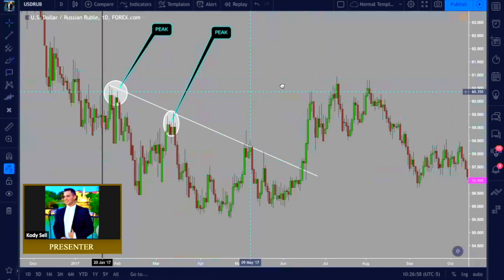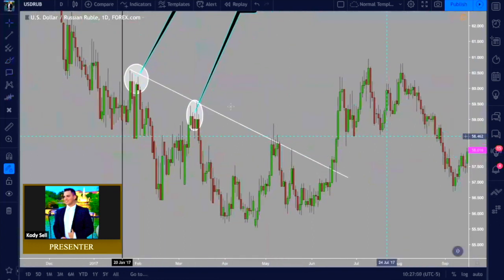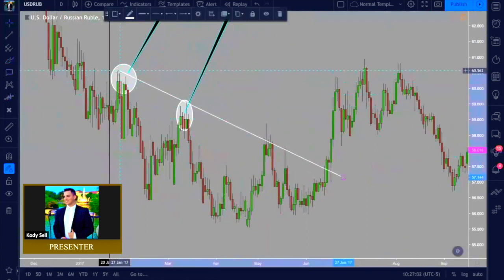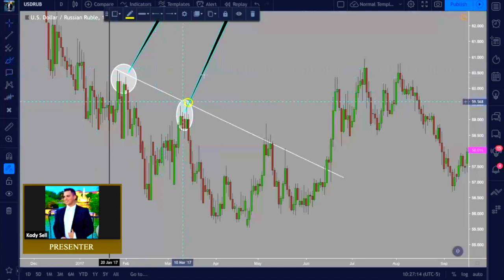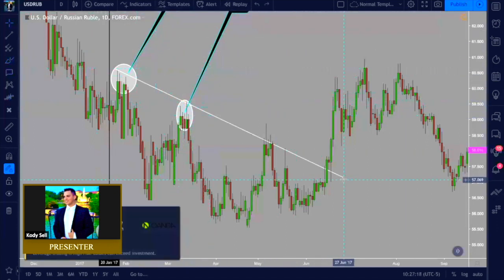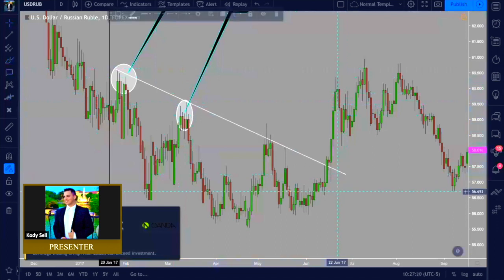The outermost boundary. So first of all, over here on the left, right here, this needs to connect to the uppermost peak, right here, the top of the wick. Okay, and then right here, I need this to connect to the top of this wick right here. So I have the outermost peak. All right, so I'm going to adjust it to that.